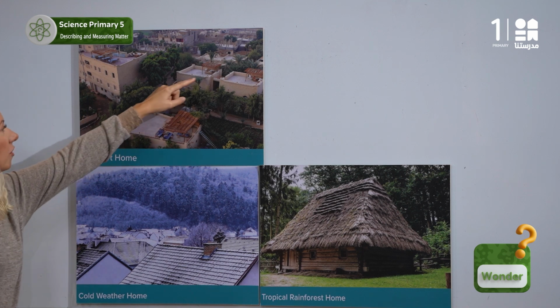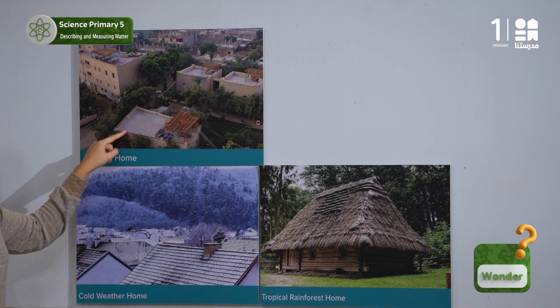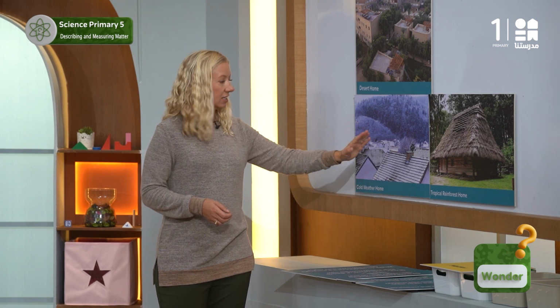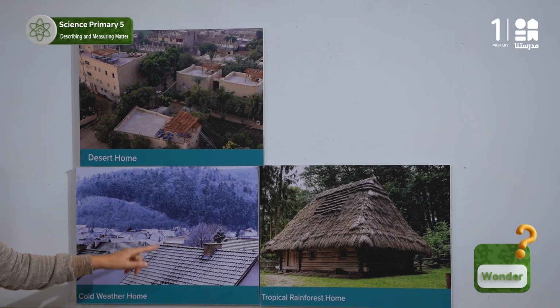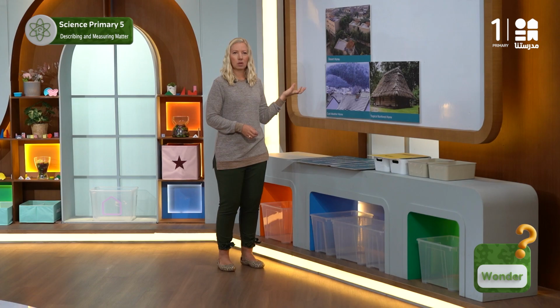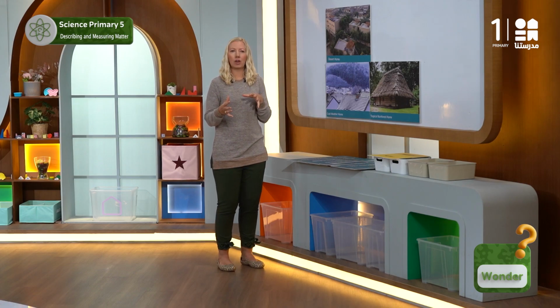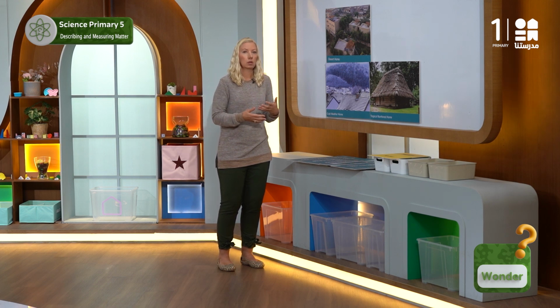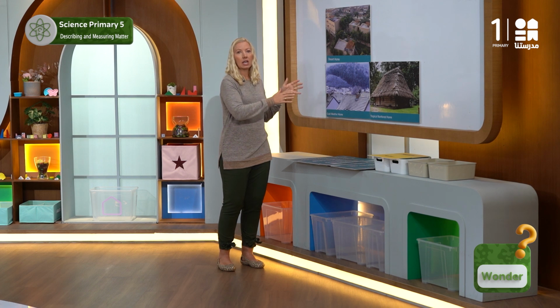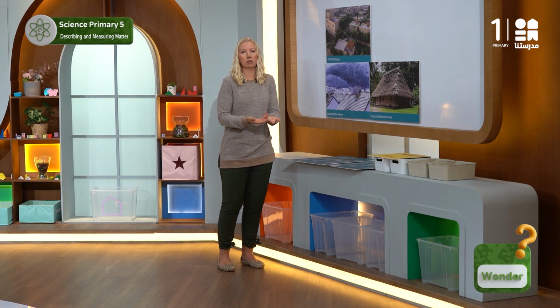The roofs are flat. By contrast, in the image in the colder weather, the roofs are tilted and have a sort of pyramid shape. Why does the roof have a different shape? What will a tilted roof help do in places with a lot of rain or snow? The design of the roof, whether it's tilted, it helps the water flow down.